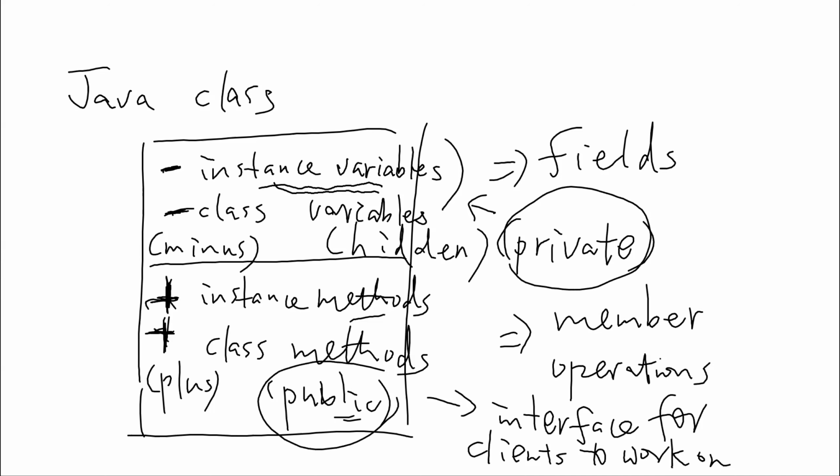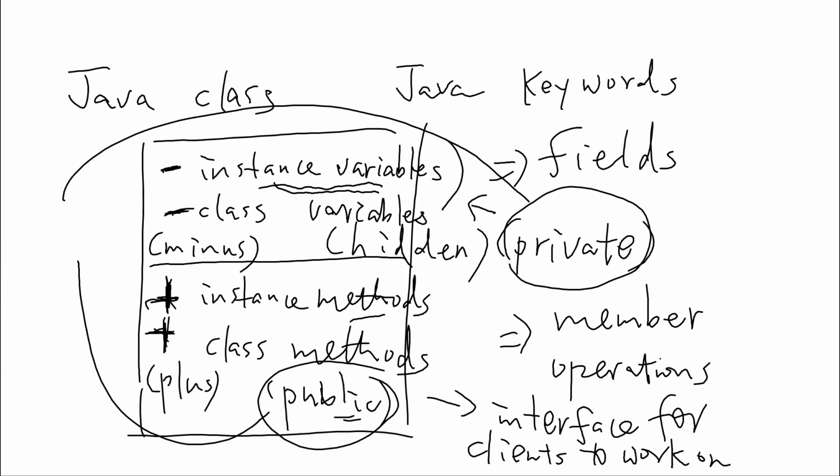Those are Java keywords. Later on you will see them in Java class definitions. What they represent is the visibility, or we call it accessibility. So who can access it? How visible is it? So that's a kind of concept, okay.